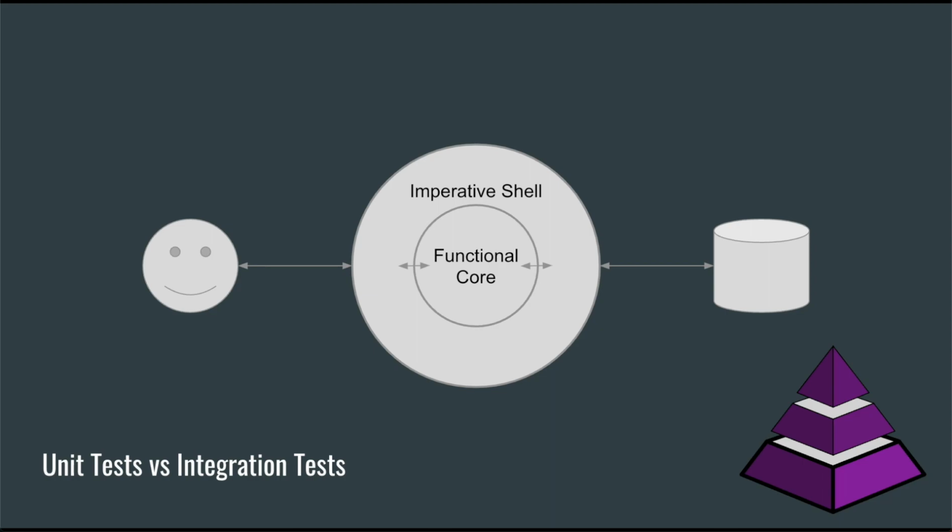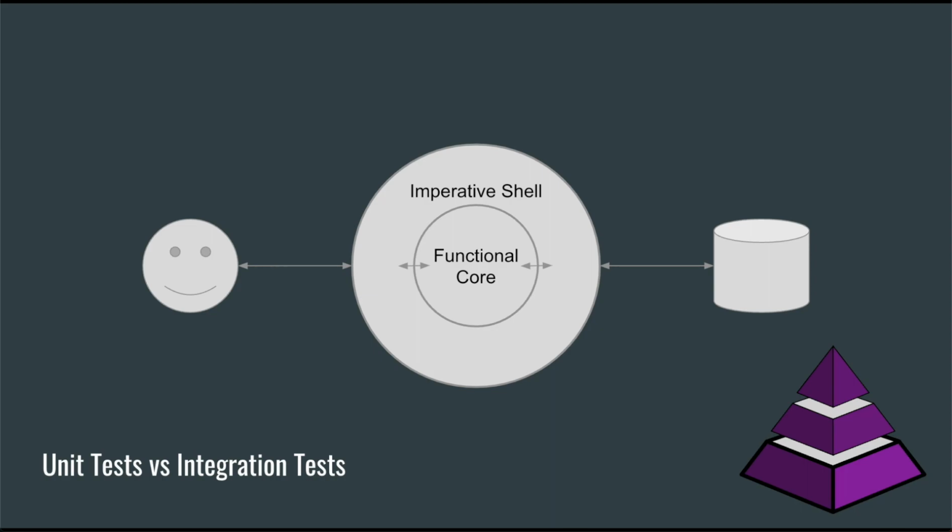Since automated testing is such an important part of making high-quality products, I want to spend some additional time discussing the differences between unit tests and integration tests. These differences start with your code, and thinking about your code in terms of an imperative shell and functional core can help you understand these differences.